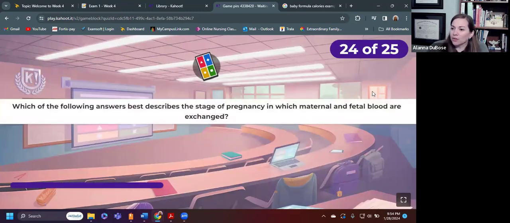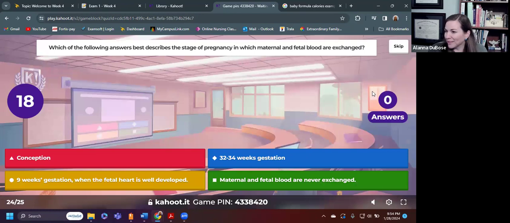Which of the following answers best describes the stage of pregnancy in which maternal and fetal blood are exchanged? Red, conception; blue, 32 to 34 weeks gestation; yellow, 9 weeks gestation when the fetal heart is well developed; or green, maternal and fetal blood are never exchanged.